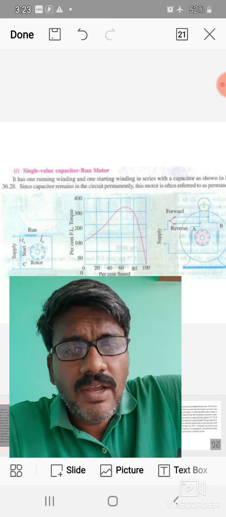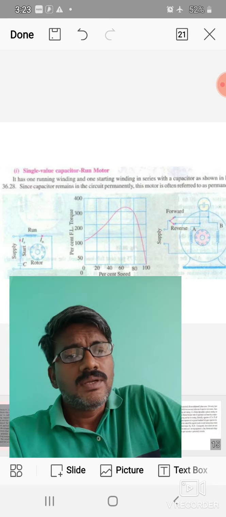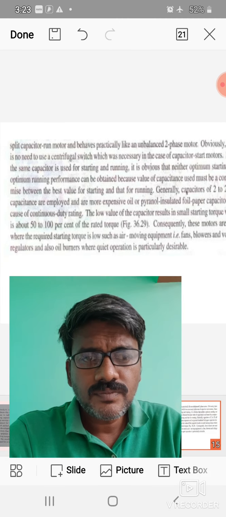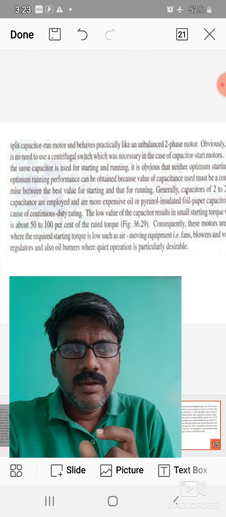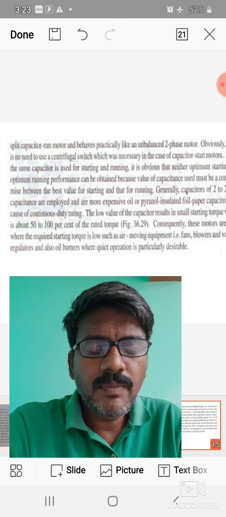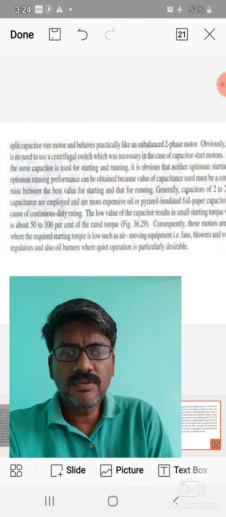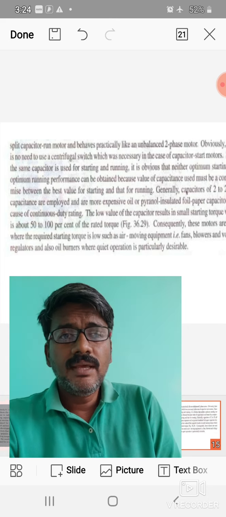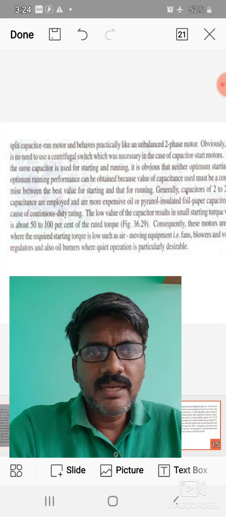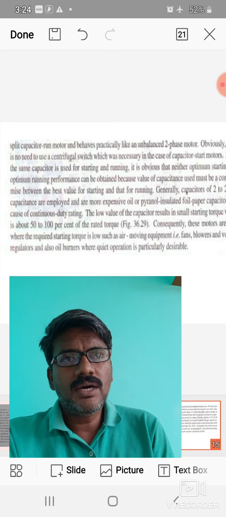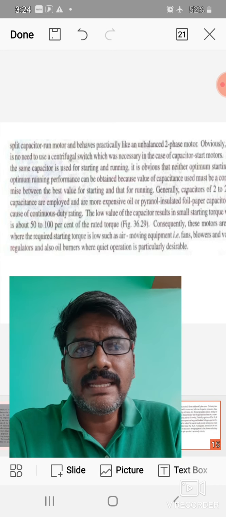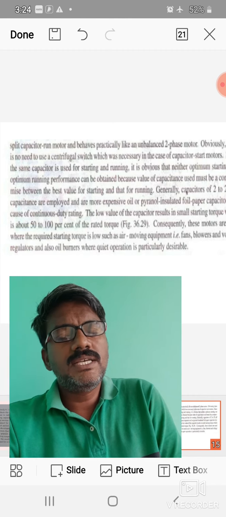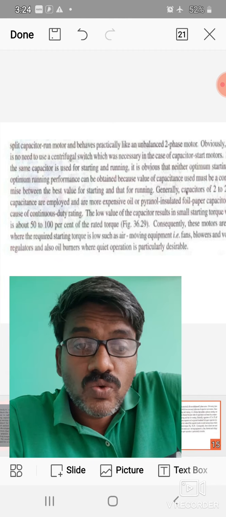In case of a single value capacitor motor, we have to choose the capacitance value. The optimum capacitance value is chosen for getting optimum starting and running conditions, right? A split phase capacitor run motor behaves practically like an unbalanced two phase motor.